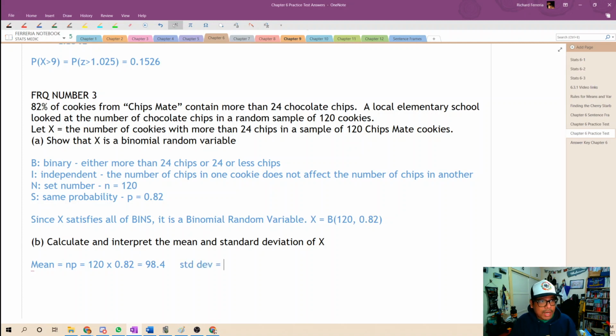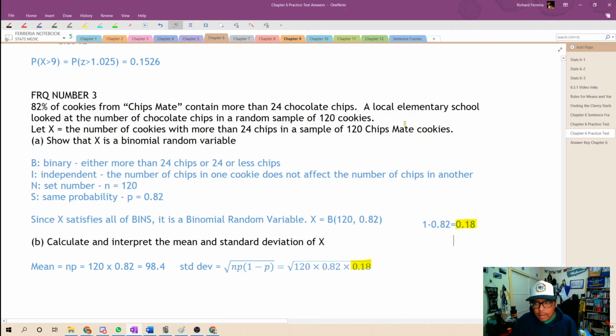The standard deviation is equal to the square root of np(1 minus p), which is the square root of 120 times 0.82 multiplied by 0.18, or about 4.21.